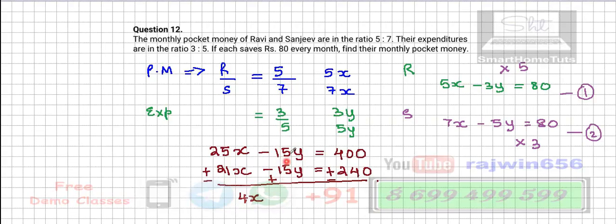Minus 15y plus 15y will get cancelled. This is equal to 400 minus 240, which is 160. So I got the value of x: 160 upon 4, so x will be 40.